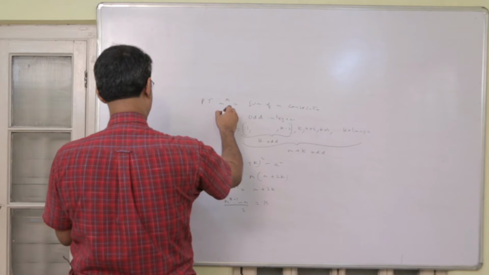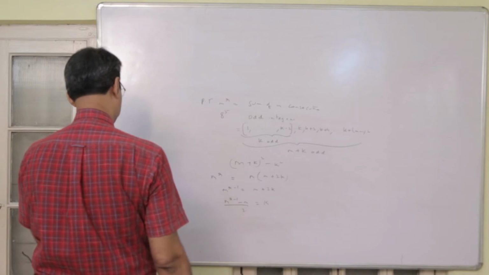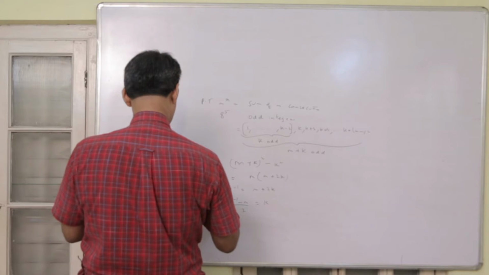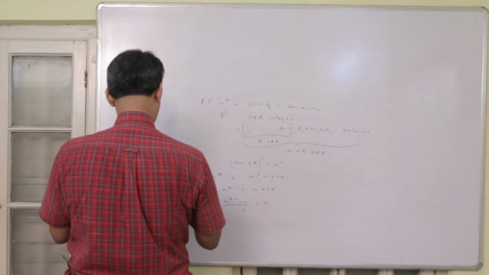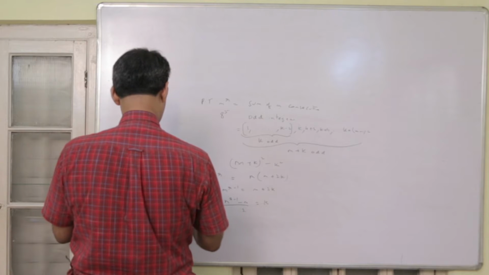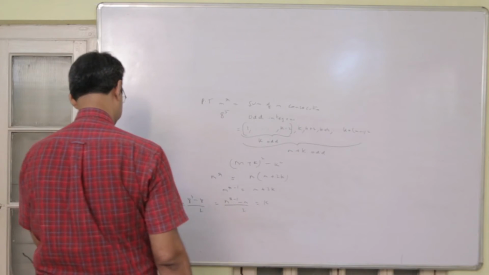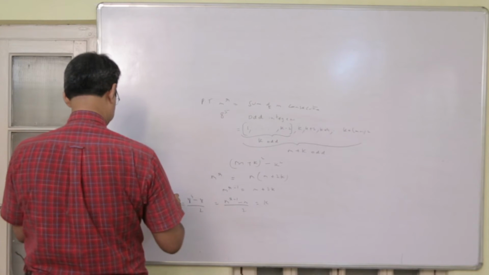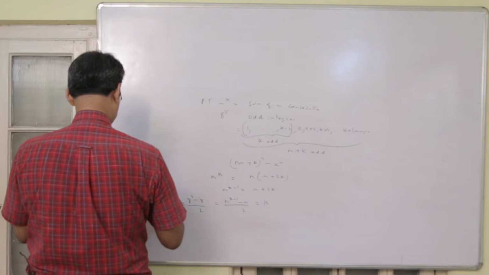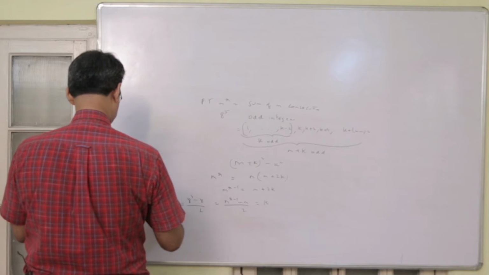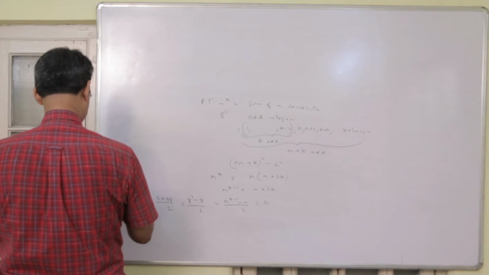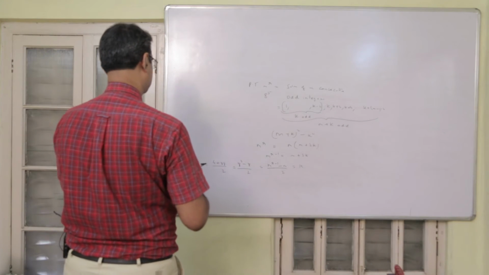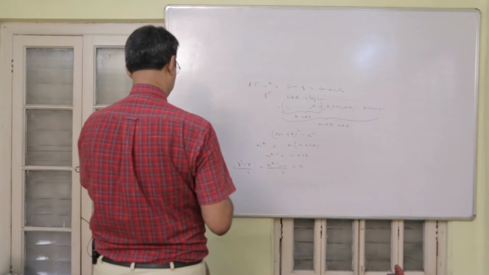Now suppose m to the power r is 8 to the power 5. So this will become (8 to the power 4 minus 8) by 2. So k is coming to 2044.